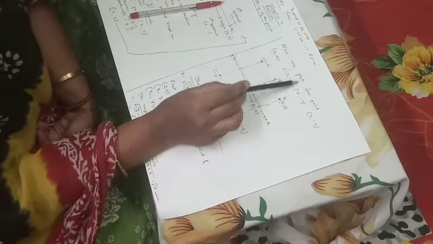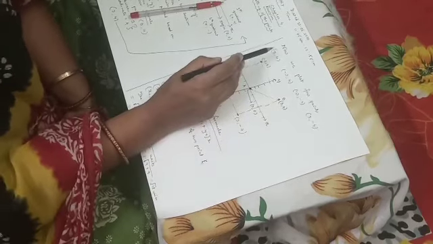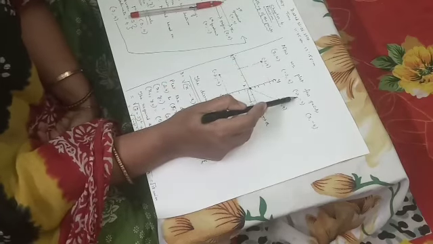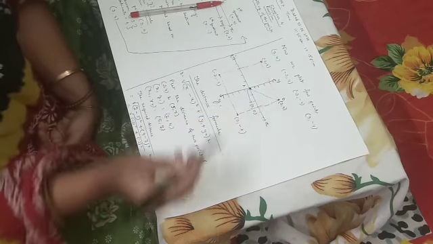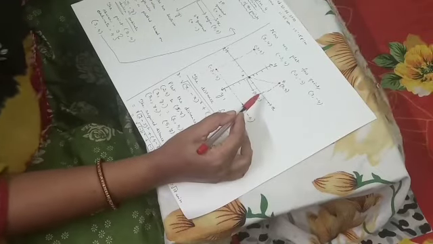Now you are requested to plot a few points. What are the points? 3, 4; minus 3, 4; minus 3, minus 4; 3, minus 4. Now look, I am plotting the points. Trace me with this pencil and you also try along with me.